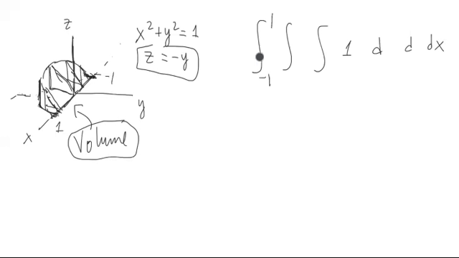Now for y and z, let's think. We have this triangle, and this triangle exists at a particular x value. Maybe we should look at that semicircle in the xy plane. In the xy plane, the semicircle looks like this, from -1 to 1.